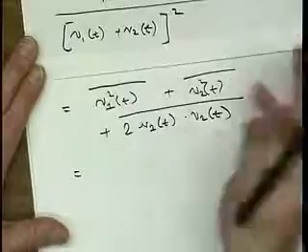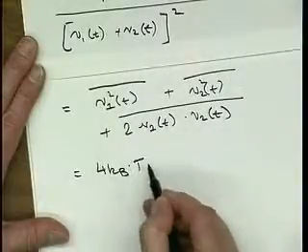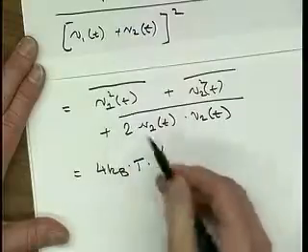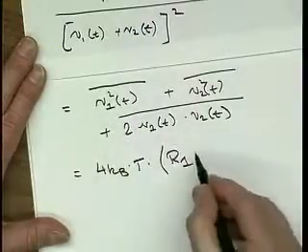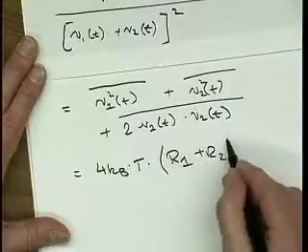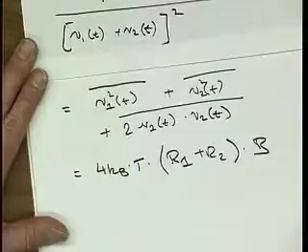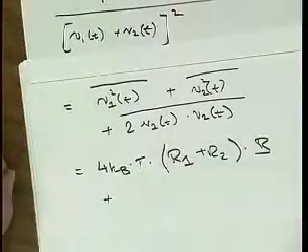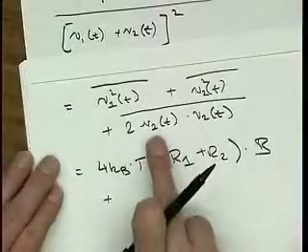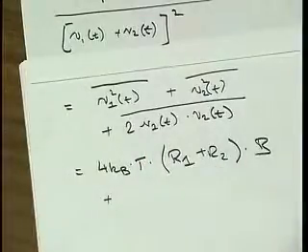Okay, so the first two parts we know. That's going to be 4 kB times T times R1 times B, and this one has exactly the same prefactor, but R2 times B. So the first part we know. Plus, well, what is this thing here? Noise sources in different resistors are uncorrelated.